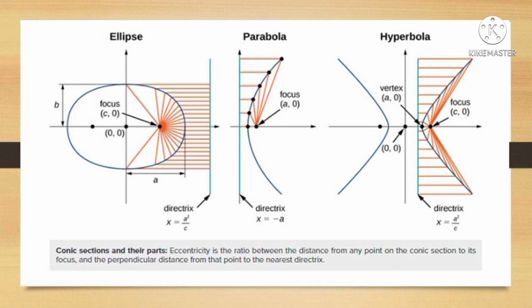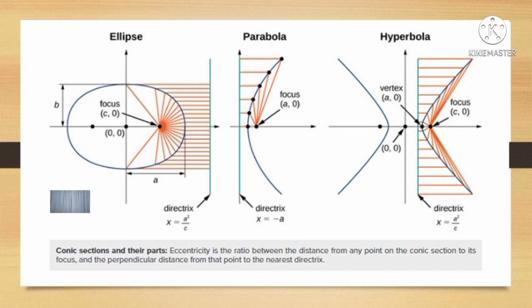The orange lines denote the distance between the focus and points on the conic section, as well as the distance between the same points and the directrix. These are the distances used to find eccentricity. Eccentricity is the ratio between the distance from any point on the conic section to its focus and the perpendicular distance from that point to the nearest directrix.